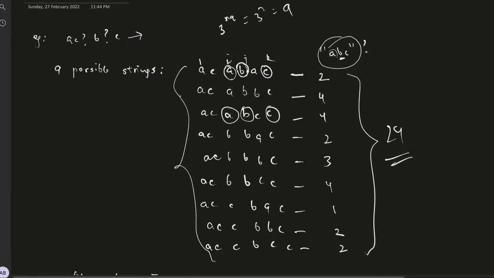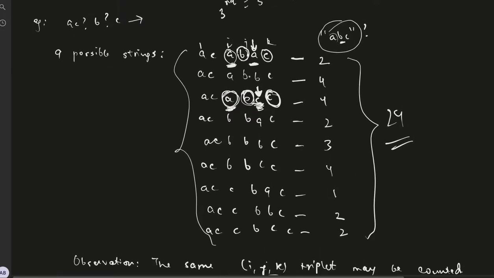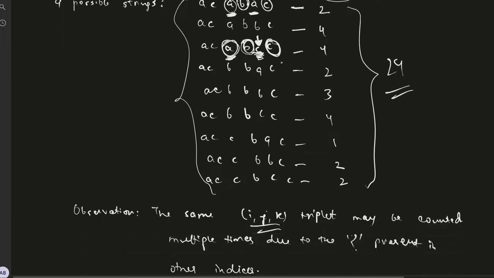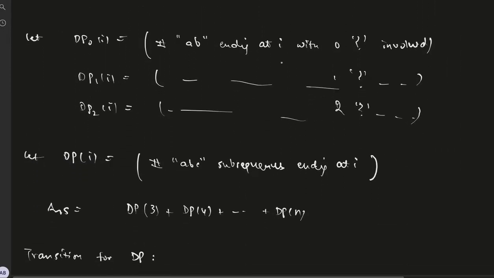So here, for example, we had a question mark here and here, right? So since we had a question mark here, for two different question mark values, we got the same string because this question mark was not a part of the three indices that were being considered while considering this particular triplet of indices ijk.